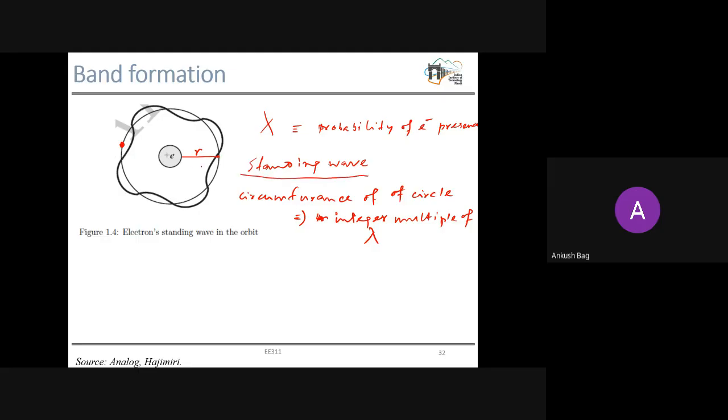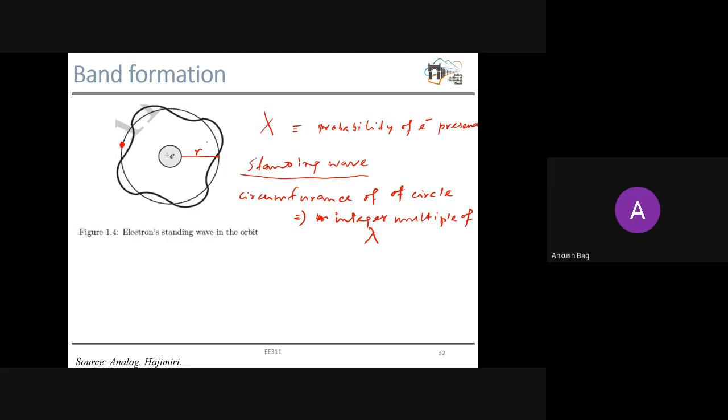When this circumference, that means 2 pi r, is equal to n lambda, that means an integer multiple of the wavelength, then only we'll have this standing wave. And in an atom, this wave has to be a standing wave.